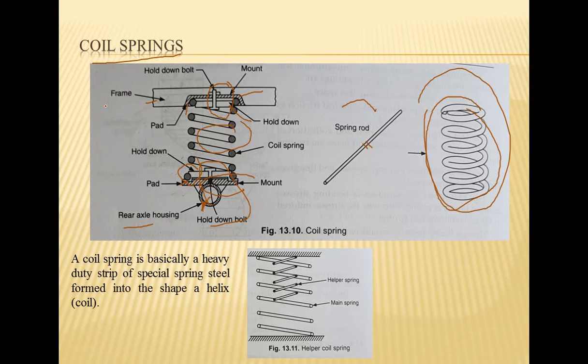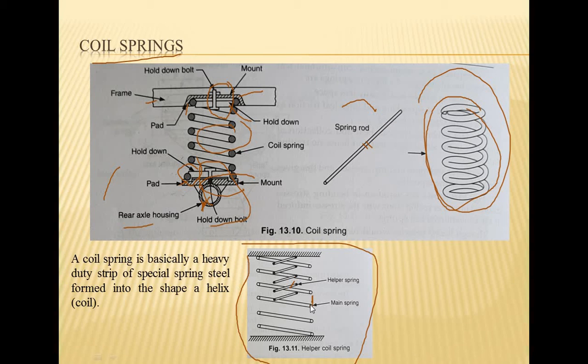Next characteristic, the coil spring suspension system may also use a helper spring. Here you see, this is the helper spring and this is the main spring. The helper spring provides progressive stiffness against increasing load.